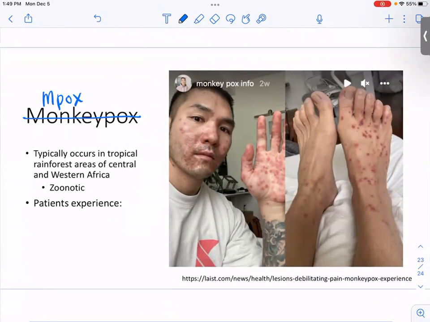Well, they said that changing the name to Mpox removes any confusion about how it's transmitted. So yes, you can get it from monkeys, but we can get it person to person as well. And the Mpox name is an effort to reduce racist and stigmatizing language. So there you have it. They're looking at other infections and thinking about renaming them too.